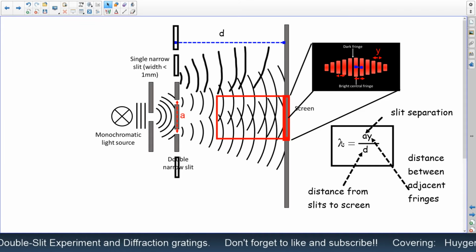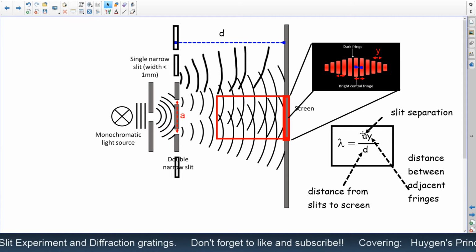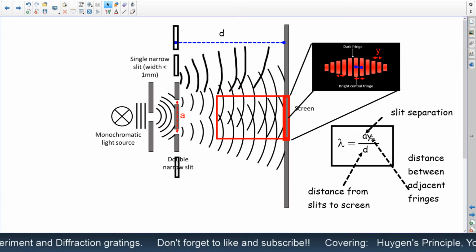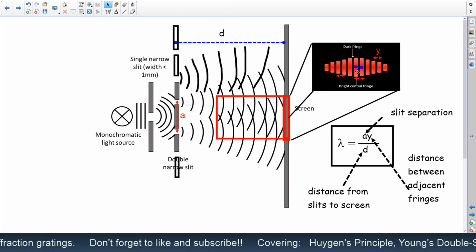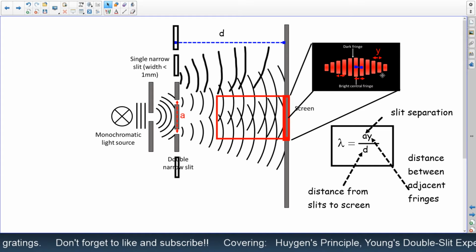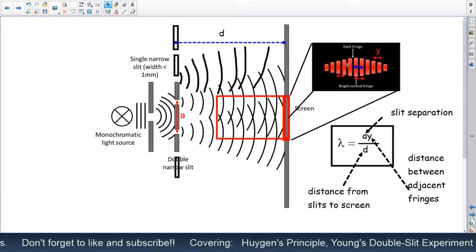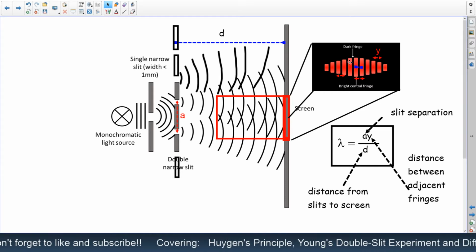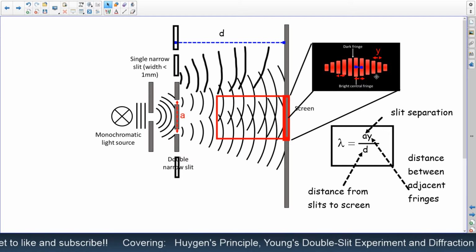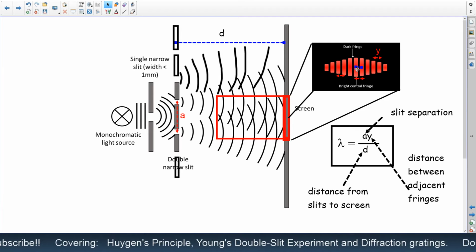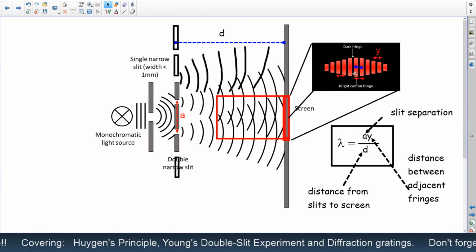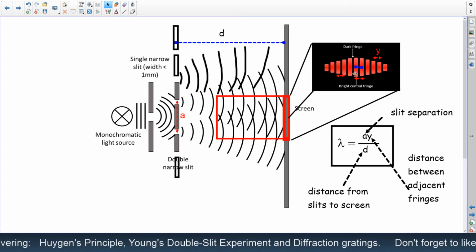If we're trying to get as accurate a value of lambda as possible, our primary source of error is this distance between adjacent fringes. It looks pretty big on screen, depending on your screen size, but if you're looking at this on a mobile phone, you're probably at about the right scale for having to measure these distances, and that's too small for us to be comfortable with.